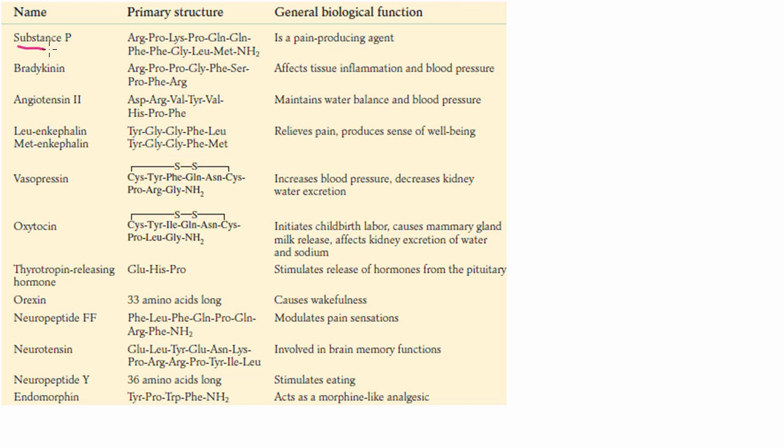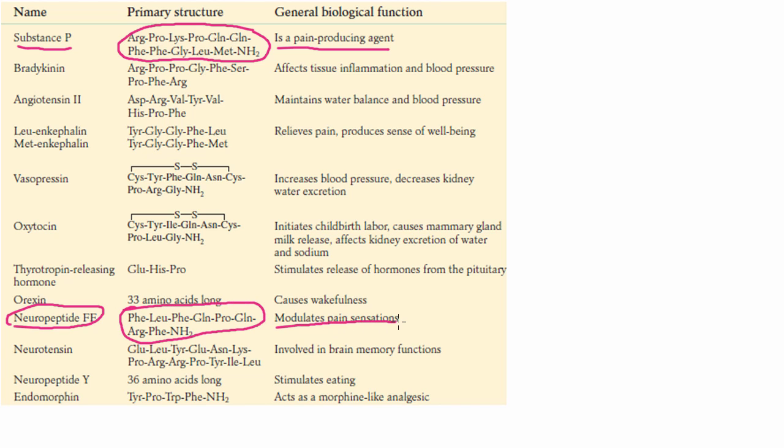Here we have something called substance P. It has this primary structure and it's a pain-producing agent. Here we have several others. Here we have neuropeptide FF, and this is the peptide sequence here. This modulates pain sensations and so on.